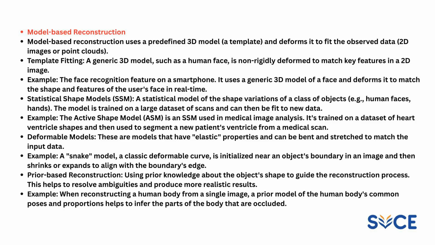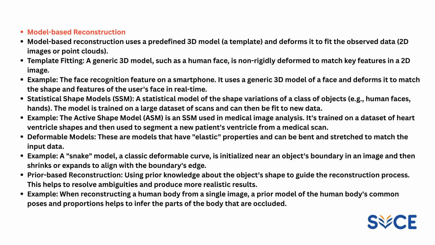So we can just wrap up on this. To recap, model-based reconstruction is all about starting with knowledge instead of starting from scratch. With template fitting, we mold generic shapes to fit. With statistical shape models, we learn from lots of examples.